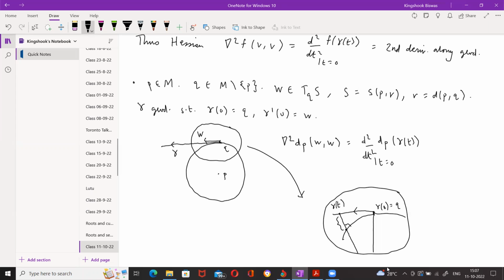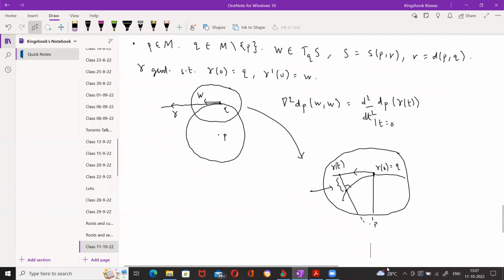Okay, that is the second derivative, this distance here. Do you see? Well, this distance, what will this be? P is somewhere out here. The center P is out here.